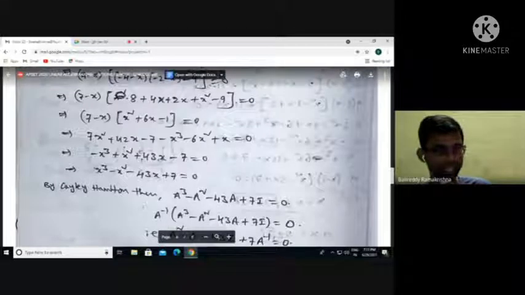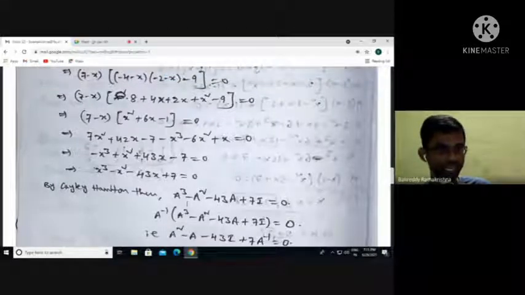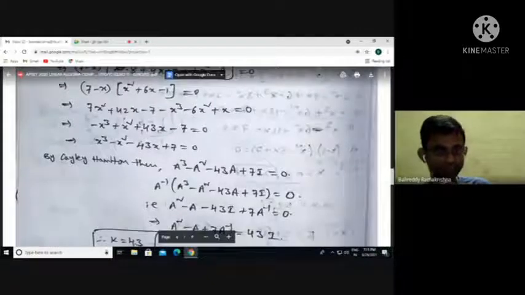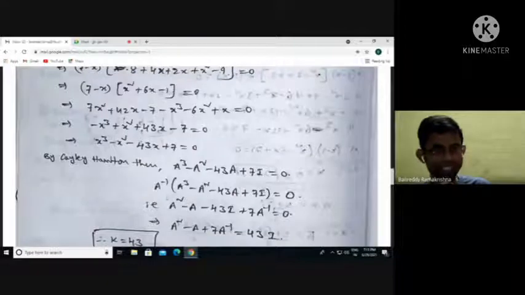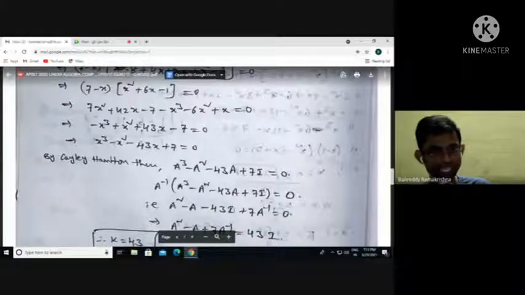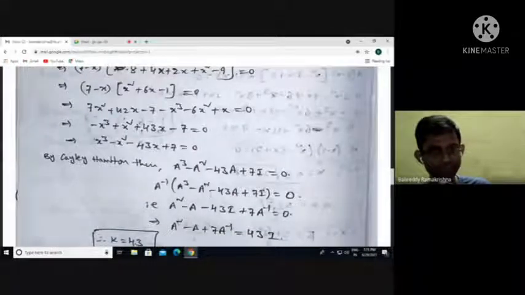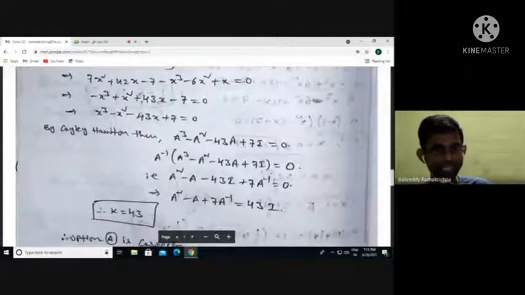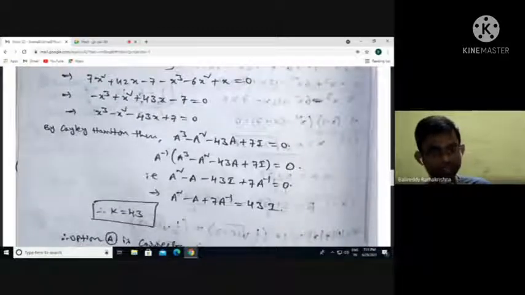Substituting x is equal to A, we have A cube minus A square minus 43A plus 7I is equal to 0. Multiplying with A inverse on both sides, we get A inverse times (A cube minus A square minus 43A plus 7I) is equal to 0. On simplification, we get A square minus A minus 43I plus 7A inverse is equal to 0.